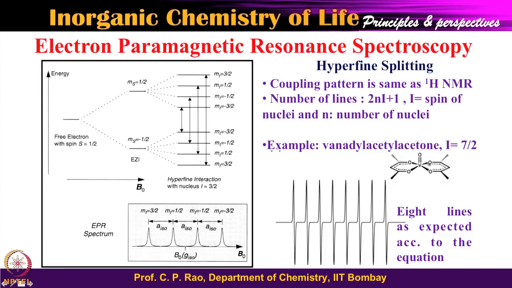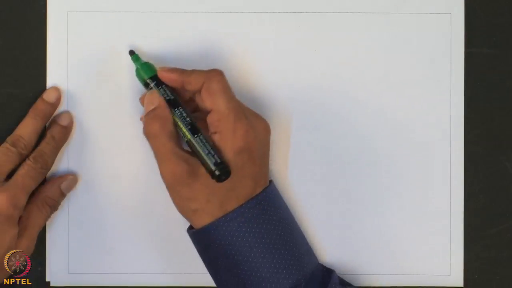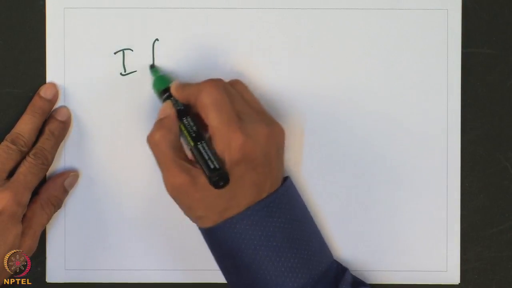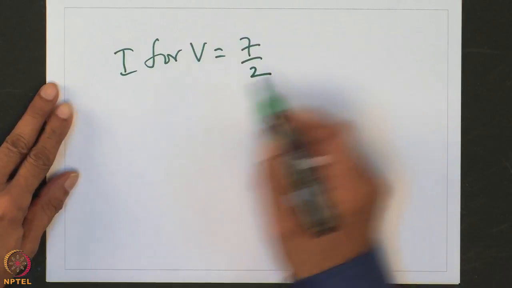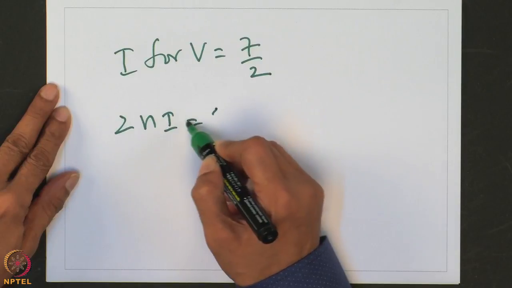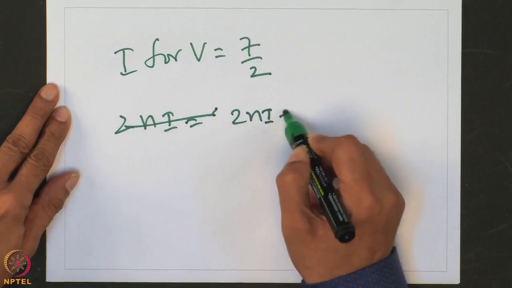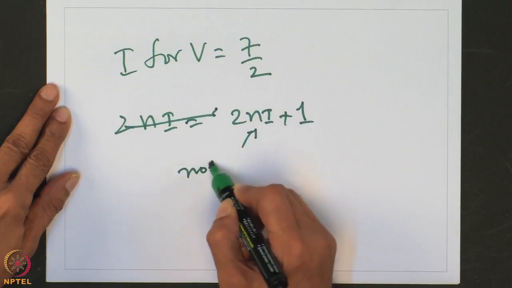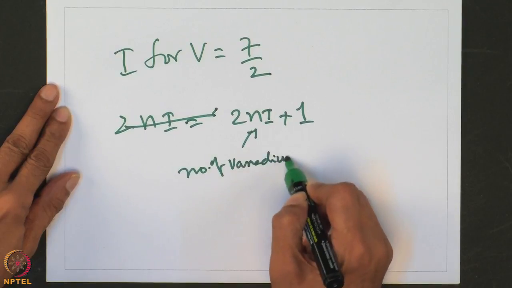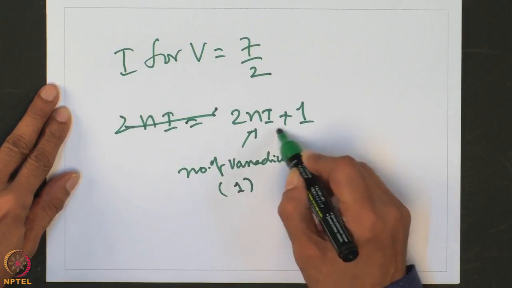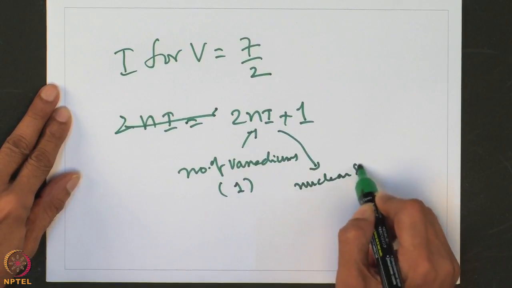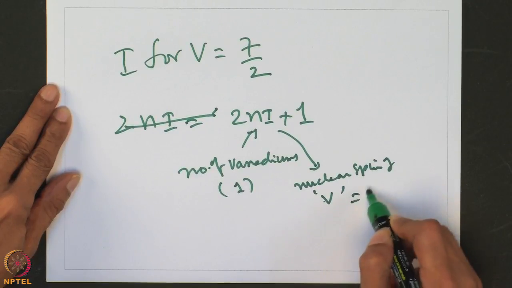And how many vanadiums are there? Only one. So if you apply this formula 2NI plus 1, in the vanadyl acetylacetonate complex, N is the number of vanadiums, which is 1, and I is the nuclear spin of vanadium, which is 7/2.